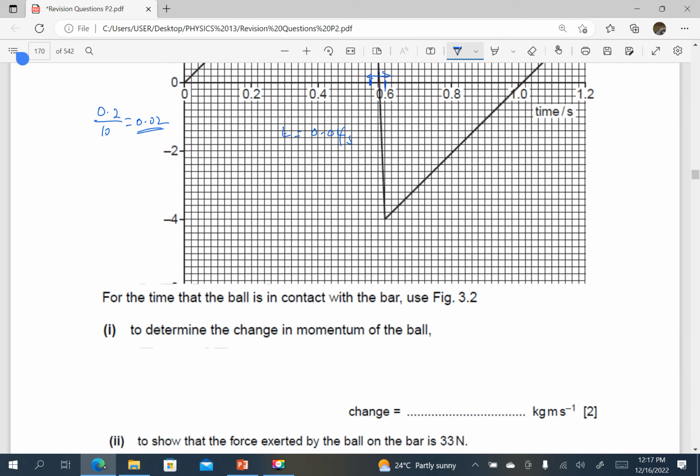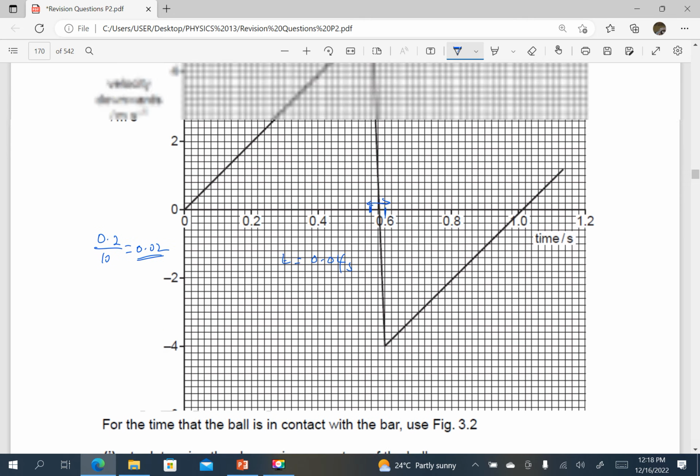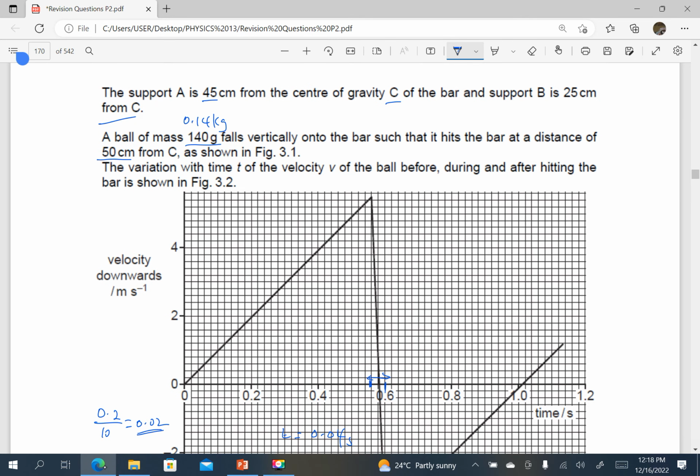For the time that the ball is in contact with the bar, use the figure to determine the change in momentum. So we know that momentum is mass times velocity. The change in momentum is going to be the mass of the ball, which is 140 grams, that is 0.14 kilograms, times the change in velocity. Velocity changes between here, in the center of this box, which I think is 5.5, because the scale on the vertical is 0.2.